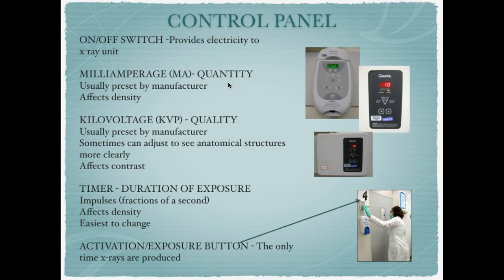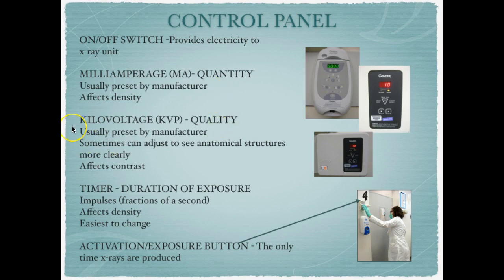This is usually preset by the manufacturer, and it is represented by either 7 milliamps or 15 milliamps. The milliamperage, or the mA, also affects the density of the image. Density means how light or how dark the image is.